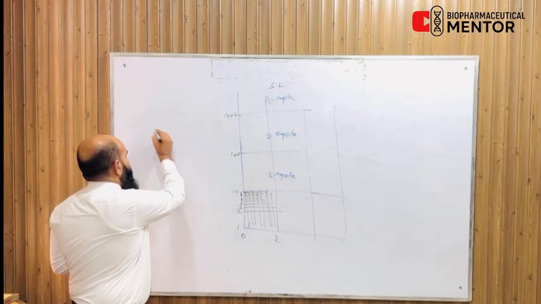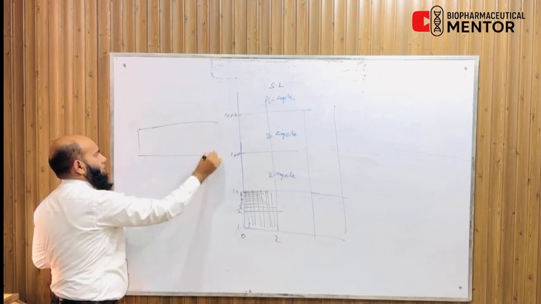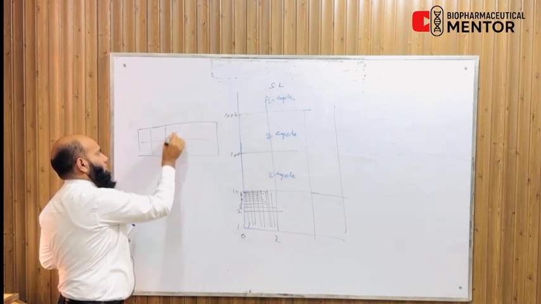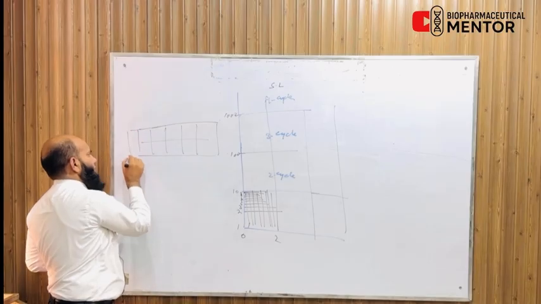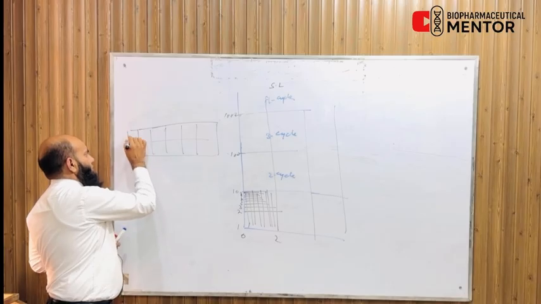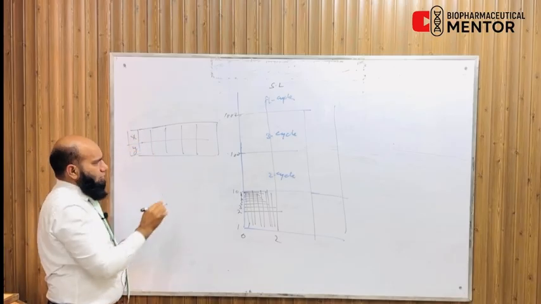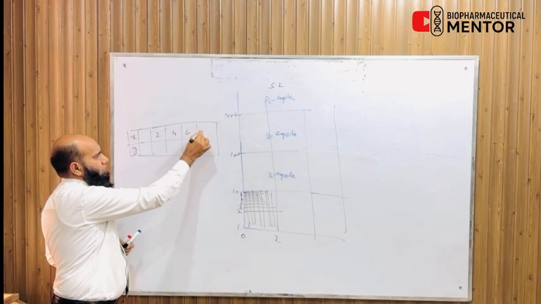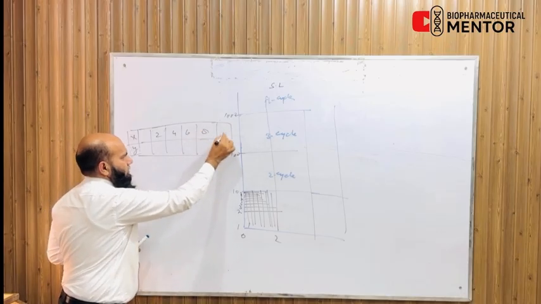We have the data of this type in case of class data. Once again, we have both axes just like the previous one, x-axis and y-axis. On the x-axis, we have 2, 4, 6, 8, and 10.